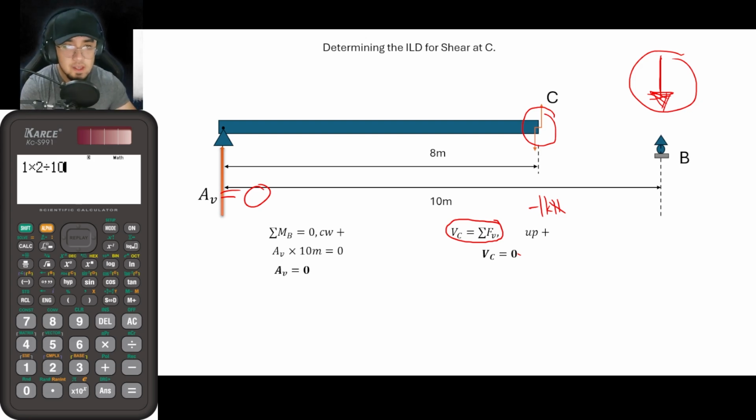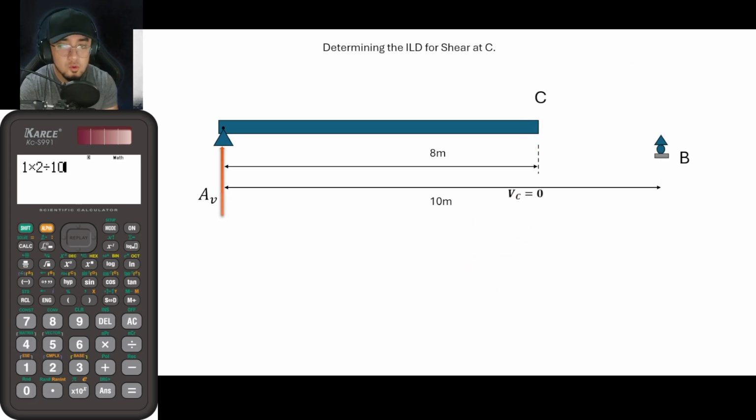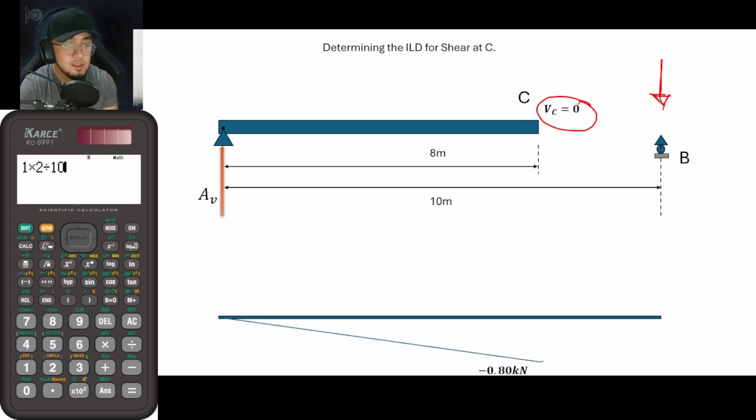Proceeding, if the load is located here, we have found out that the shear at C is equal to 0. If we are once again to bring out our ILD, if you proceed to this point immediately, with the load here, meaning that the shear at C is equal to 0, then we will be plotting the value here.